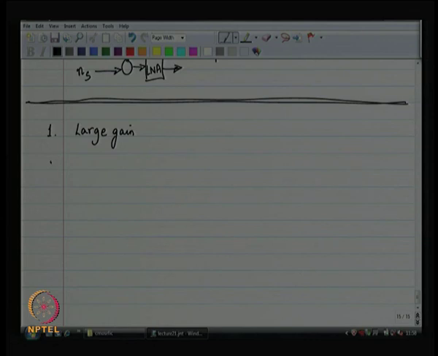Number 2, you should have a low input referred noise, or rather low noise figure.